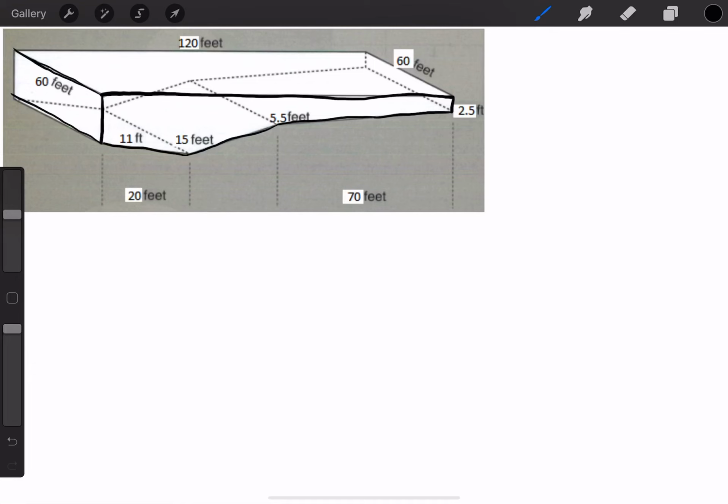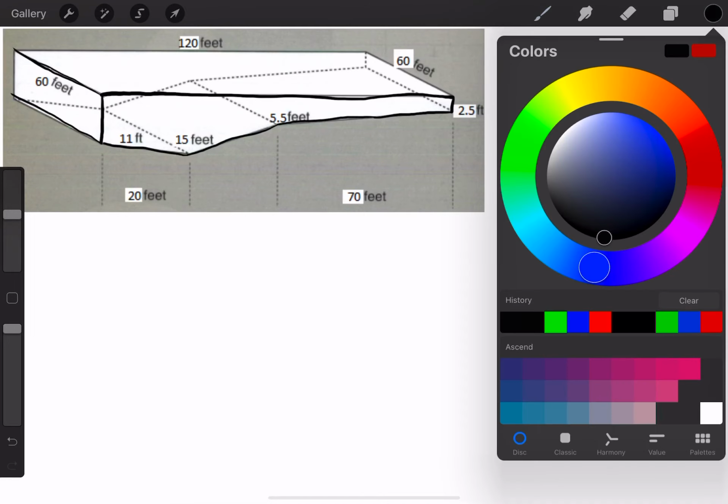But we can't find the surface area of this shape in the front because I don't have a volume formula for, or a surface area formula for that thing. In fact, I don't really even know what to call that shape. So it's going to be useful to break it up into some pieces. I want to slice this thing vertically at the locations where we have a slope change on the bottom.